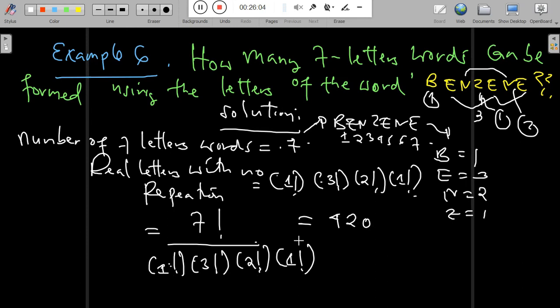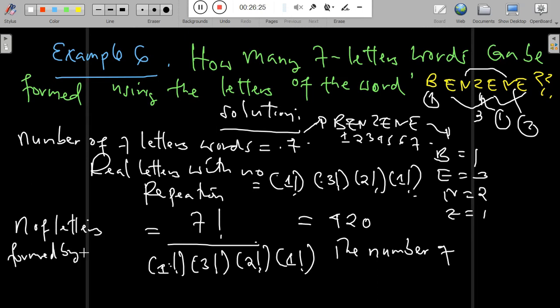In your calculator, if you want to click permutation, you click shift, then you click the logic key, the upper side, and you obtain the permutation. So we may conclude that the number of words that can be formed using the letters of the word benzene will be equal to 420.